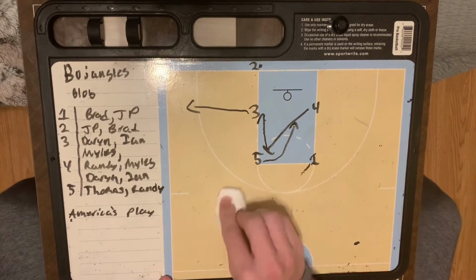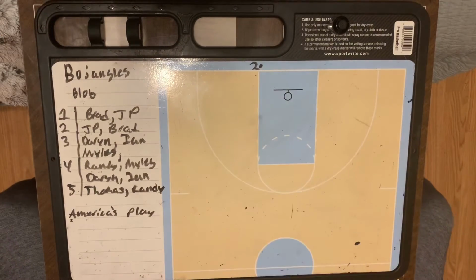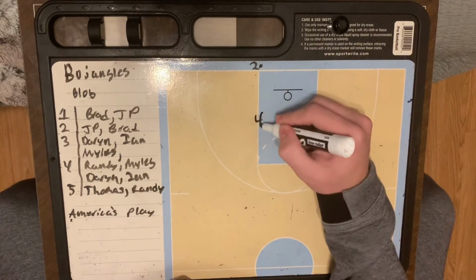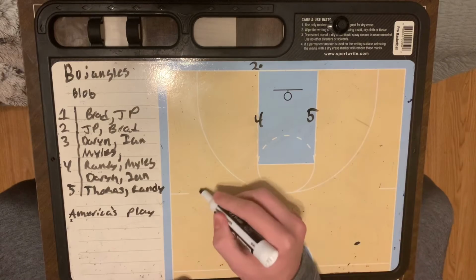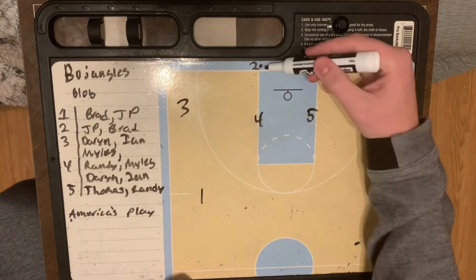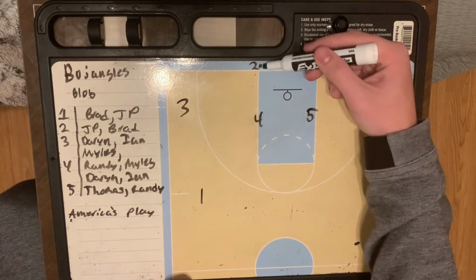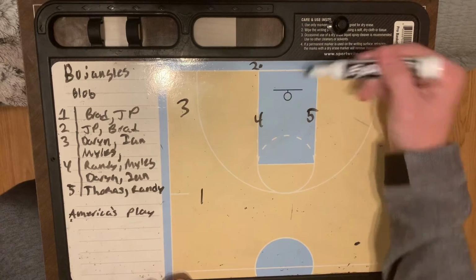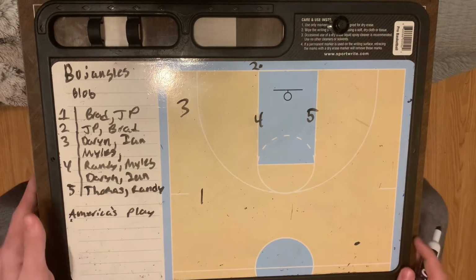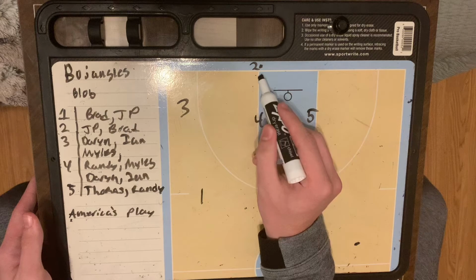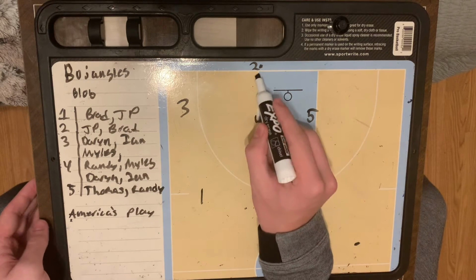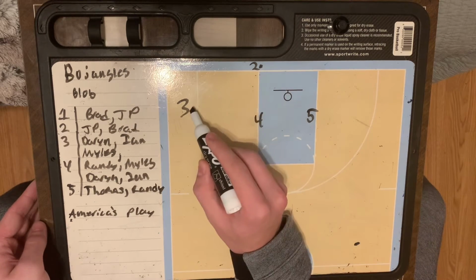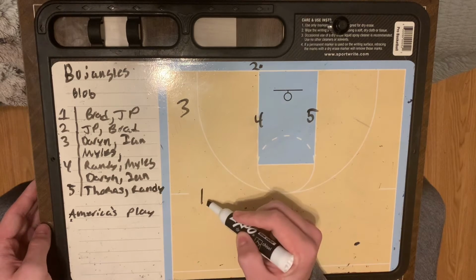So after we've done those screens and rolls, we should have a couple of options here. I can hit the 4, or I can hit the 5 first for a layup, or I can hit the 4 for a layup, depending on who's open. If neither of those are open, then the ball is either going to go to the corner or it's going to go up top.